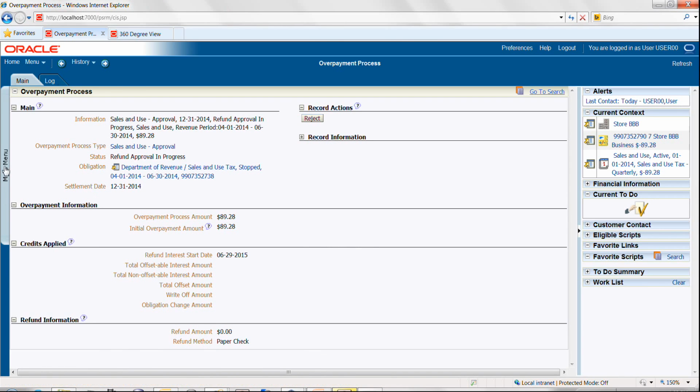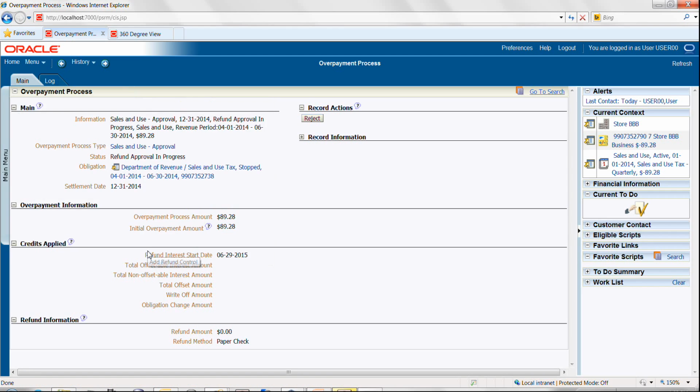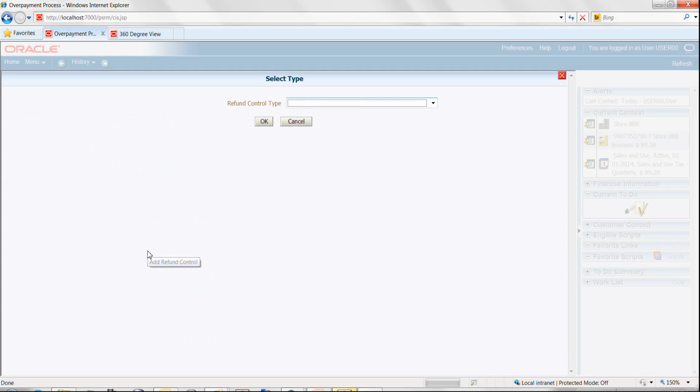So I'm going to go over here, and this is normally done in batch at night time, looking at total amounts of overpayment processes, and not on individuals, but I'm now just simply creating a scenario where I am pretending to be creating a batch online and doing this online.